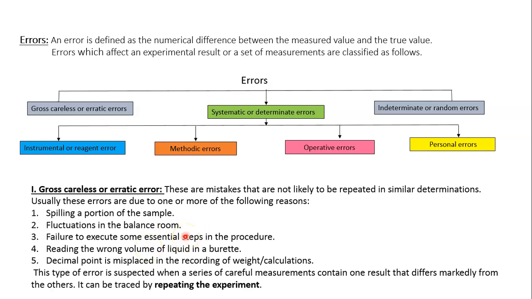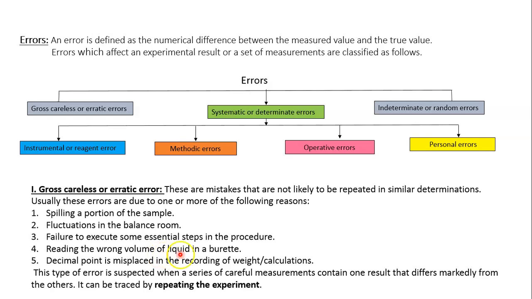That means if your procedure has a number of steps and you forget to carry out a particular step, it may lead to an error. You will notice it only when you're doing it repeatedly. It may not happen every time. It may just happen once and you will never figure out why it went wrong.